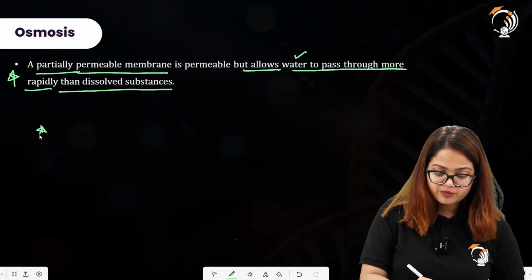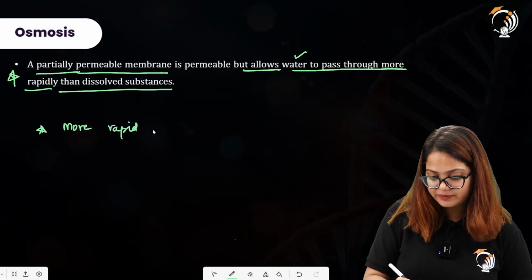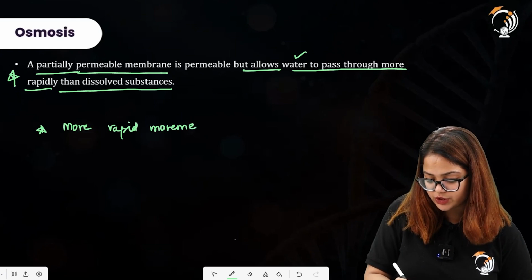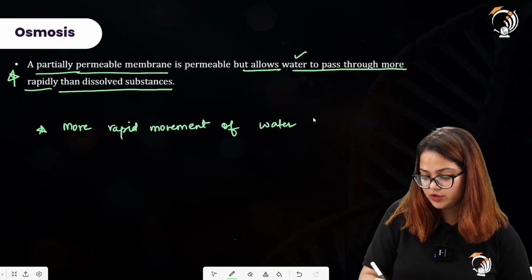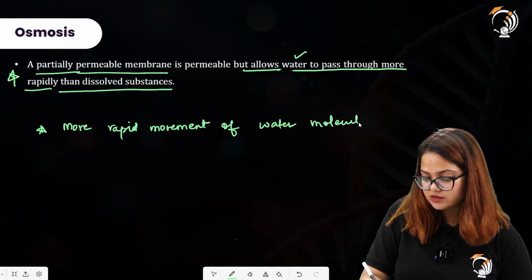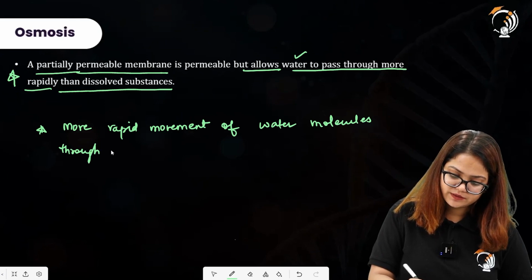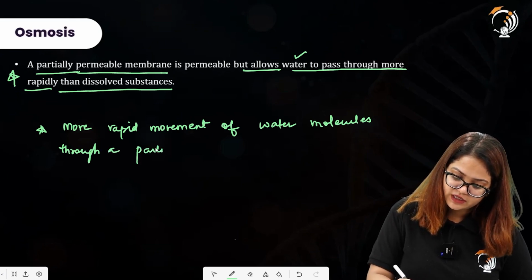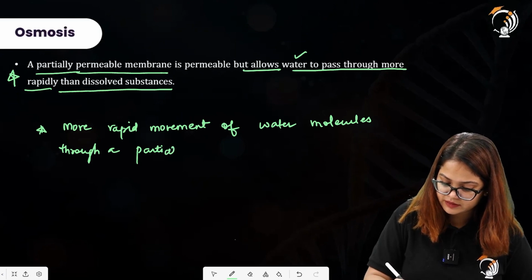So there is more rapid movement of water molecules across a semi-permeable membrane, or through a partially permeable membrane.